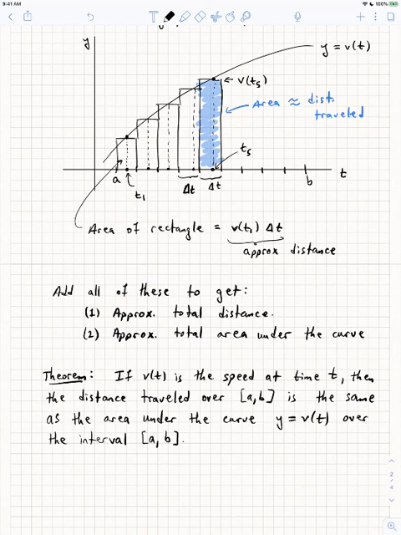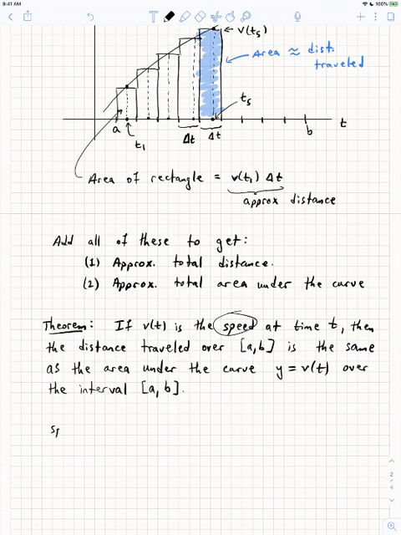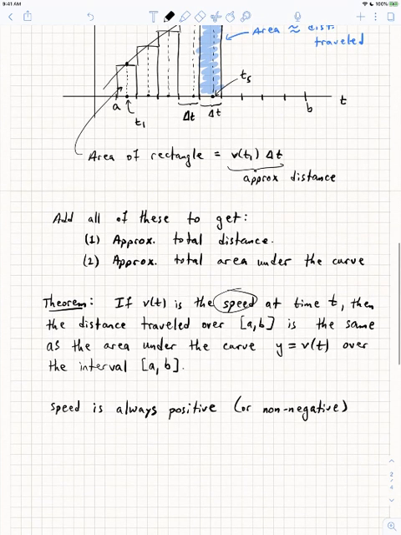Now, one thing that's important to know about this theorem is that we're talking about speed. Speed is not the same thing as velocity. Speed is always positive, or at least non-negative. Velocity can be negative.